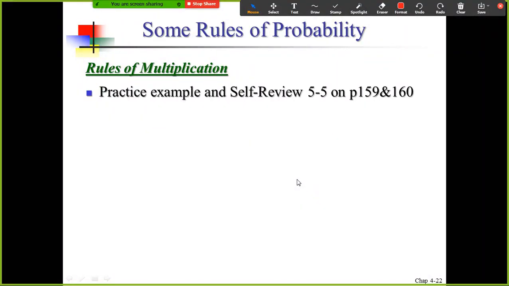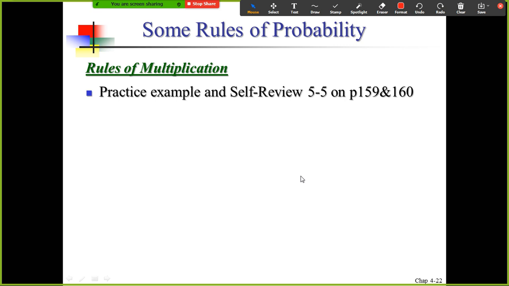Okay, so this finishes the special rule of multiplication. In order to study the special rule of multiplication, you have at least two events, and these two events are independent.